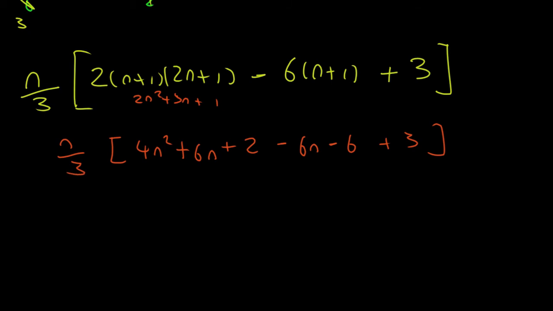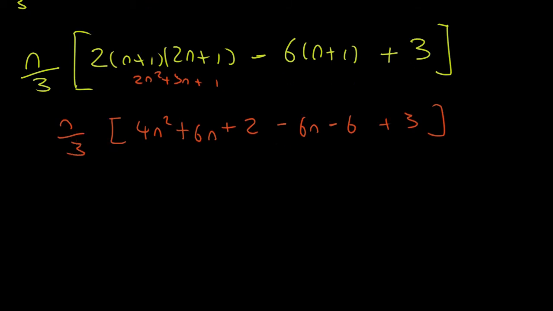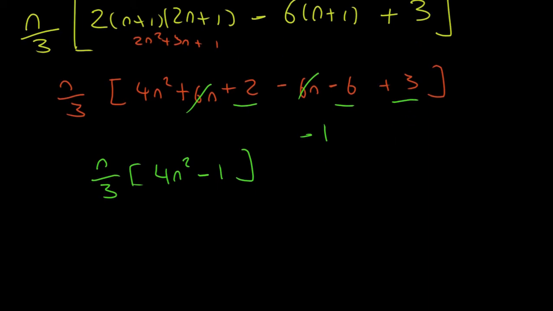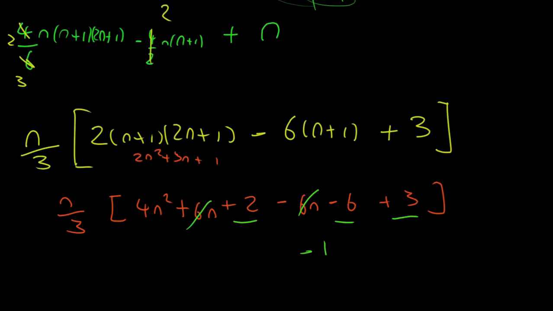Now you see that the 6n's will cancel and go away. Plus 2 plus 3 and minus 6, so all of that comes together to give me minus 1. So that's n over 3, 4n squared minus 1. This is the difference of two squares. So writing it as such will allow us to get exactly what we wanted.